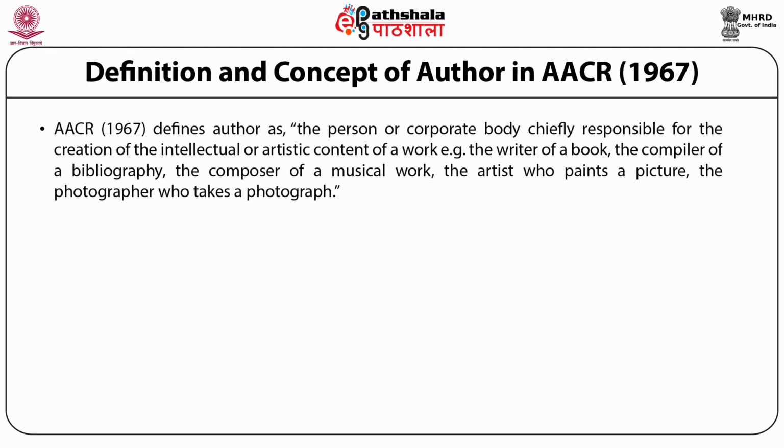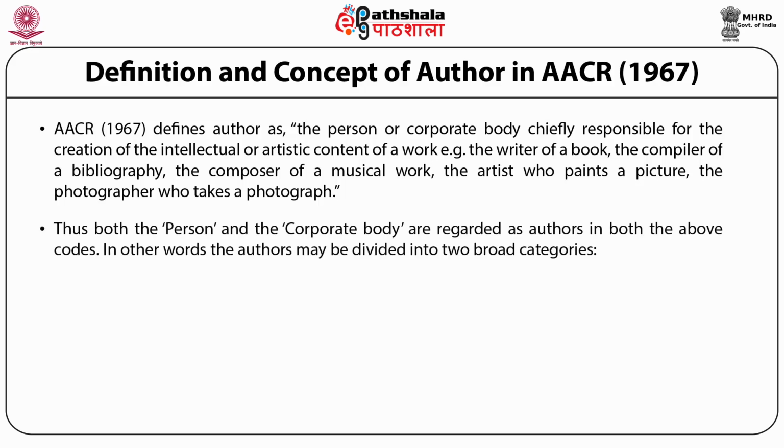AACR 1967 defines author as the person or corporate body chiefly responsible for the creation of the intellectual or artistic content of a work. For example, the writer of a book, the compiler of a bibliography, the composer of a musical work, the artist who paints a picture, the photographer who takes a photograph.